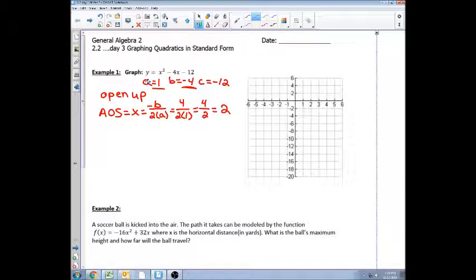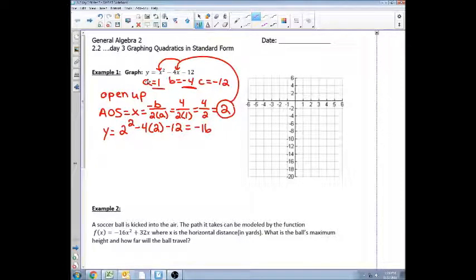In order to find my y value now, I'm going to take 2 and plug it back into the original equation for that x and for that x. Okay? So my y would equal 2 squared minus 4 times 2 minus 12. If I type that straight through in my calculator, which you can do, I'll end up with -16.